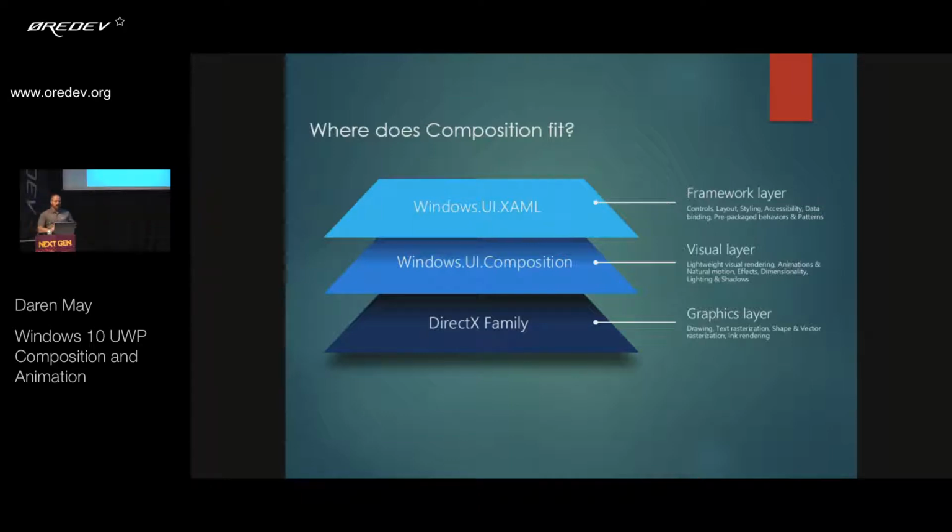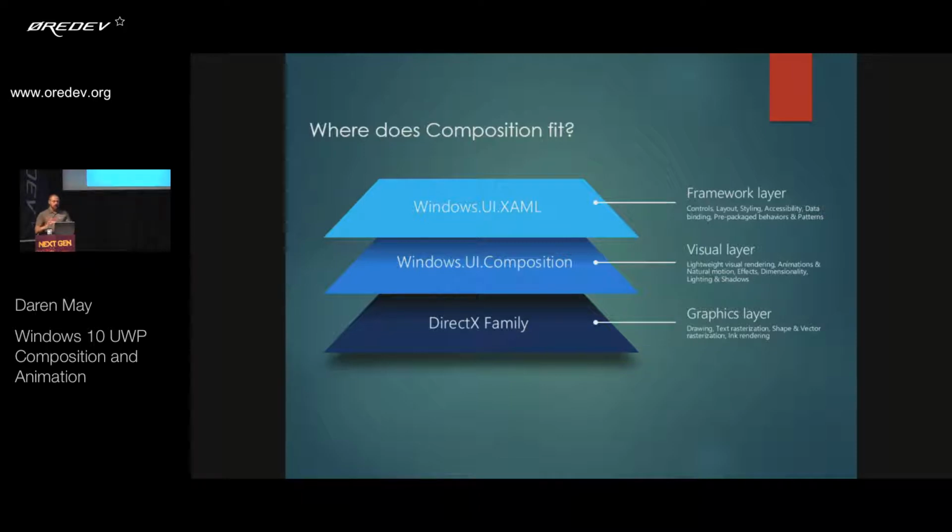It's typically coded against using C++, which means it's not the easiest to consume, and it's got a very challenging model. It's only recently supported multiple threads for rendering and so on, and it's pretty challenging to use. The idea is Windows UI composition abstracts that API and gives you a much simplified way of leveraging that power.